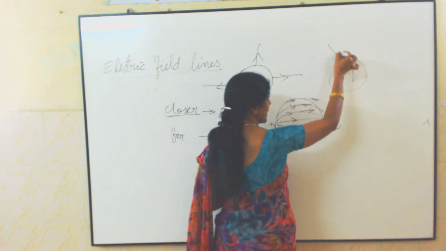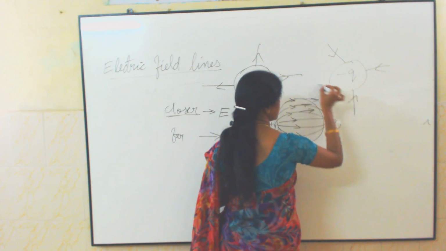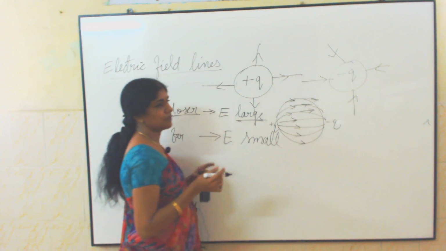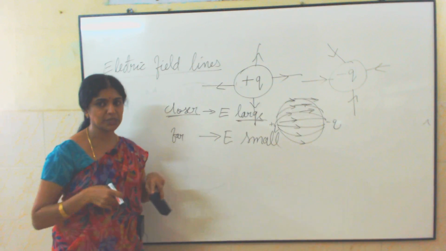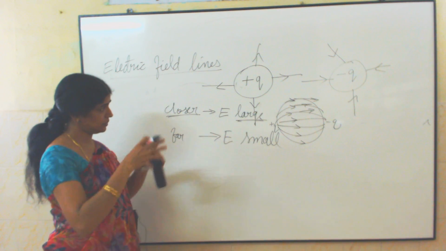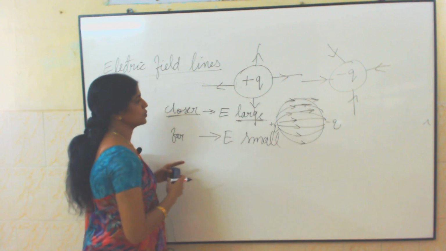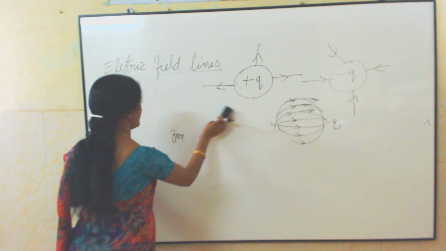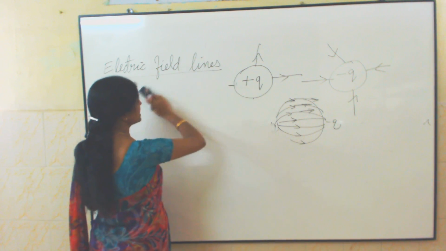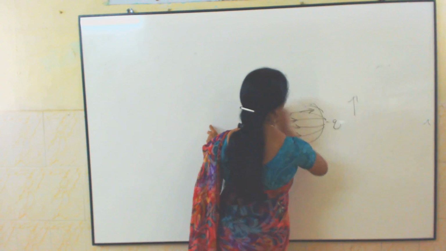If it is a negative charge, they will be pointing towards it. So always remember this. If it is a negative charge, the lines will be approaching the negative charge. If it is a positive charge, they will be going away. In this way, the electric lines of force move. Now, we will find out how many lines of force a unit positive charge will emit.